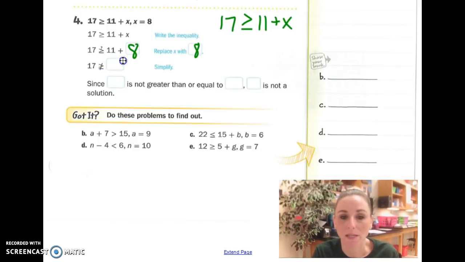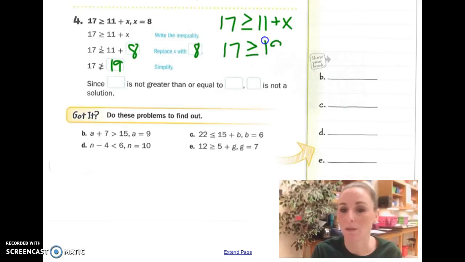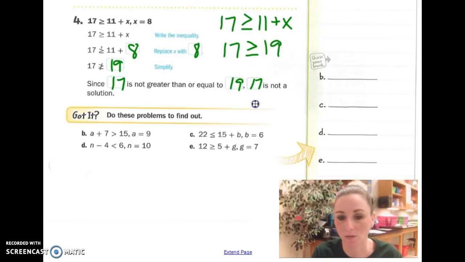So 11 plus 8 is 19. So our answer actually looks like this: 17 is greater than or equal to 19. Well, we know that 17 is not greater than 19. So since 17 is not greater than or equal to 19, 8 is not a solution. Okay, it is not a solution.